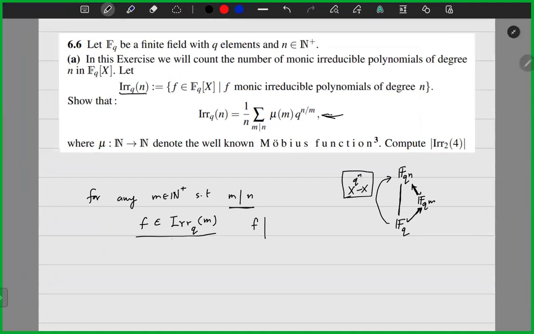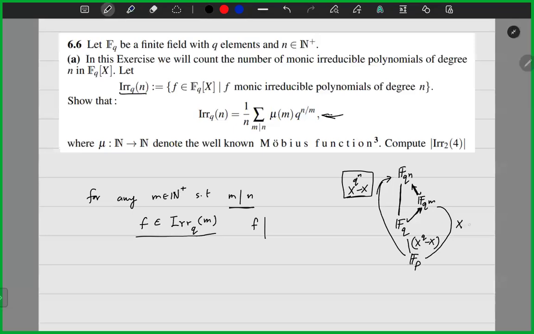Actually, not this extension, over Fp. This extension corresponds to the polynomial x to the q minus x, and any m degree polynomial corresponds to this.